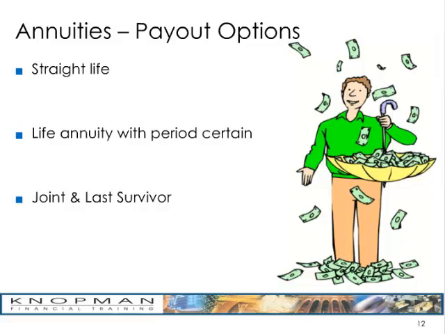Of these options, it will have the longest expected life because it's based on the life expectancy of 2 people, and therefore it will have the lowest monthly cash flow.